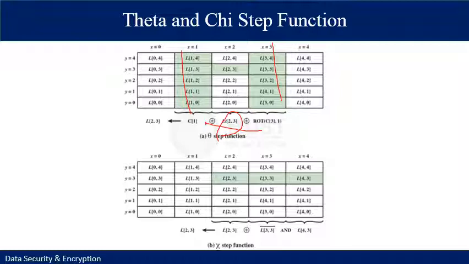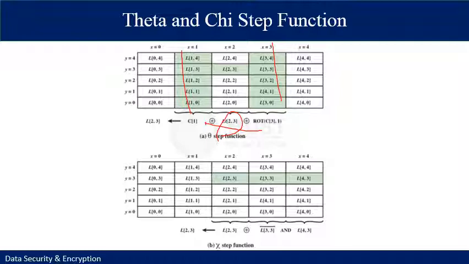This provides good mixing. Also, the theta step provides good diffusion. The designers state that the theta step provides a high level of diffusion on average, and that without theta the round function would not provide diffusion of any significance.